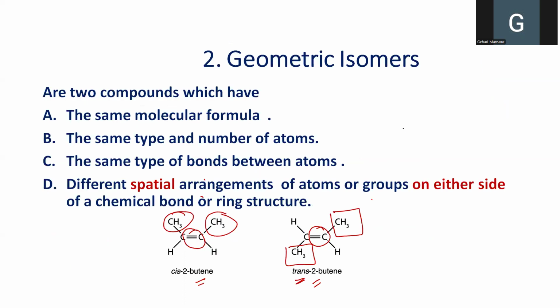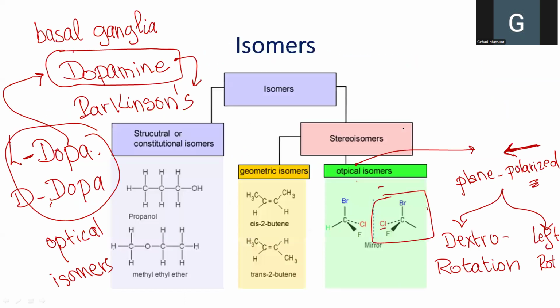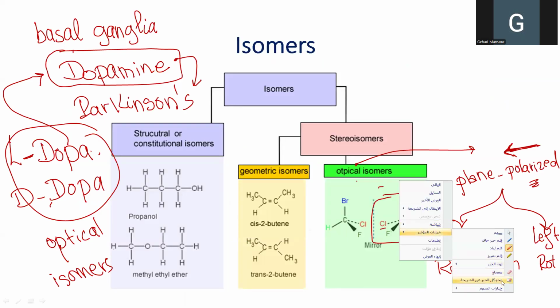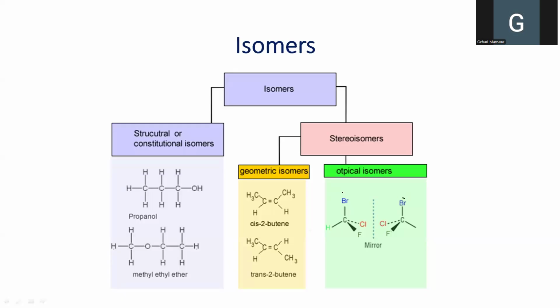And this is very important. If we come back to those two optical isomers, they have mirror images, but these mirror images are non-superimposable.